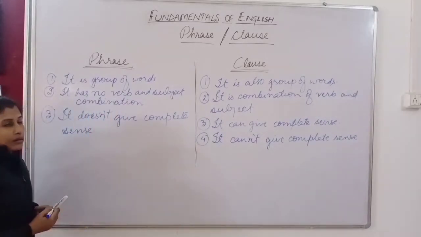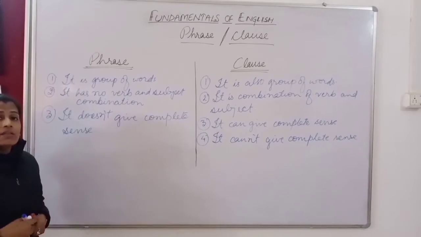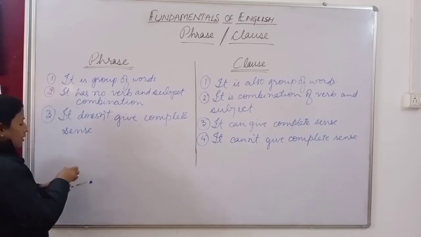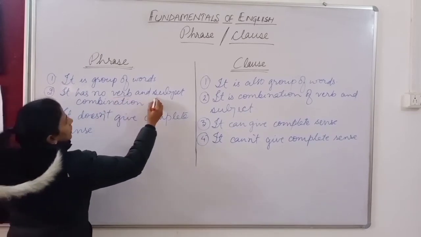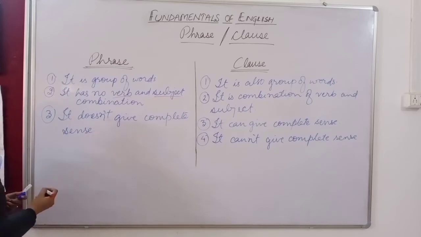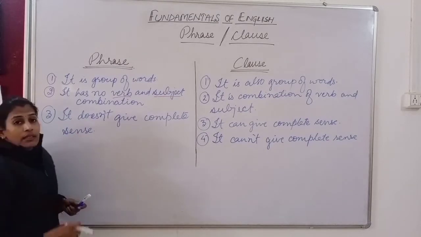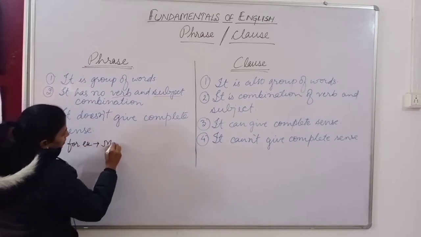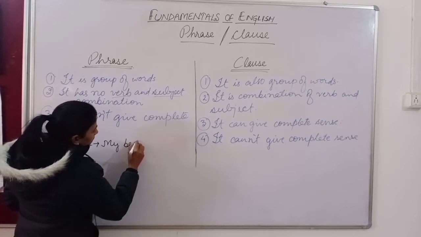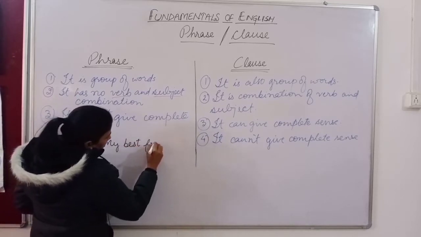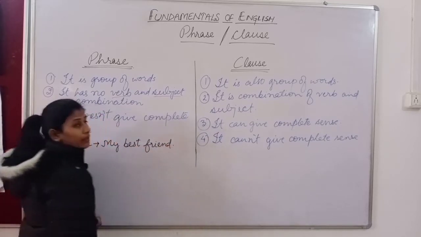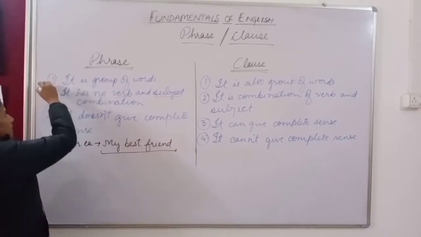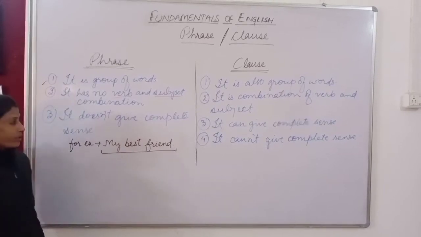So let's see first what is a phrase. A phrase is a group of words and it has completely no verb and subject combination. It doesn't give us a complete sense. Example: my best friend. It is a group of words, which we said in our first point.